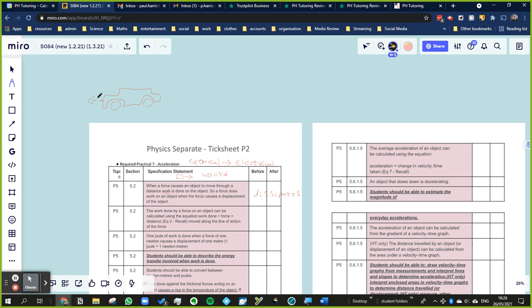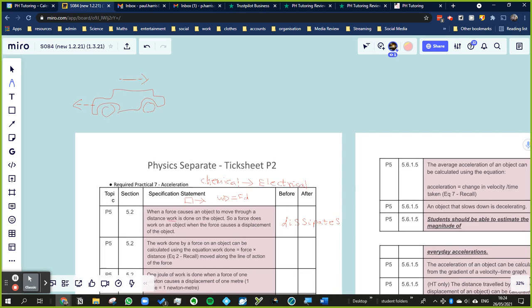This time I'm applying brakes to stop a car, or to slow it down, eventually to make it come to a stop. Now, the opposing force of the brakes was going to be the friction between the road and the tires, and the brakes on the wheels.